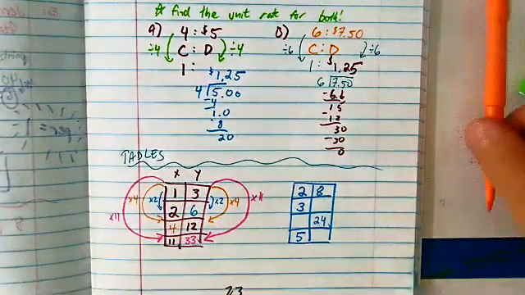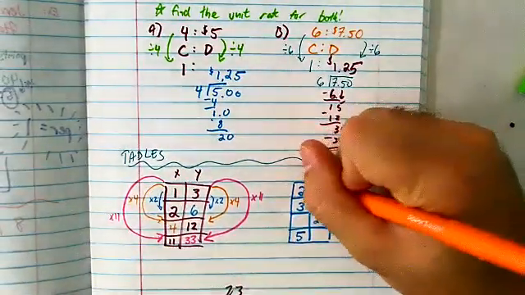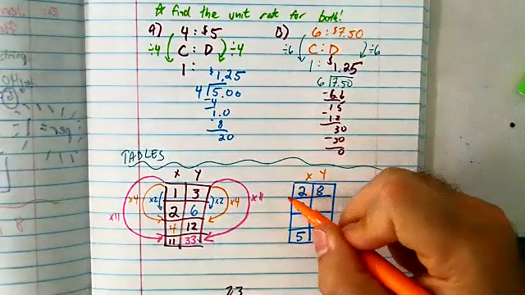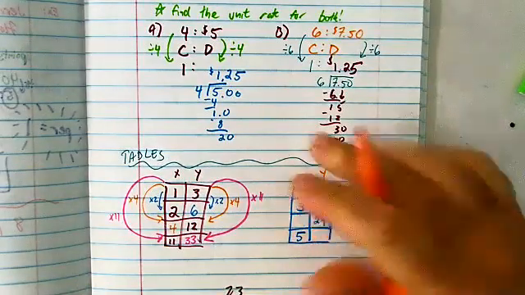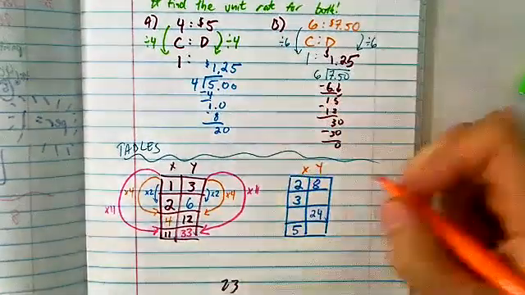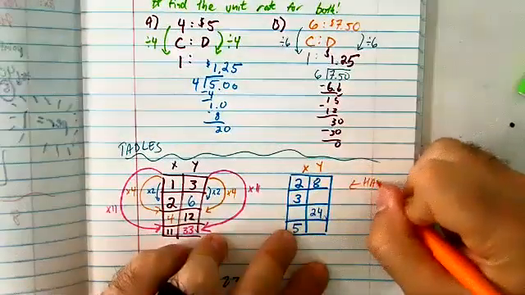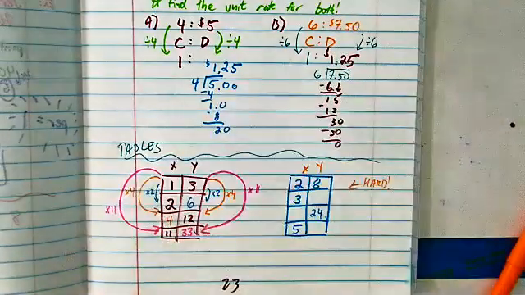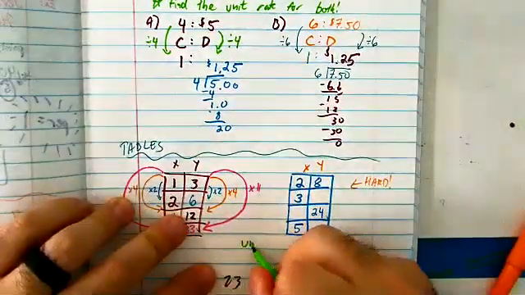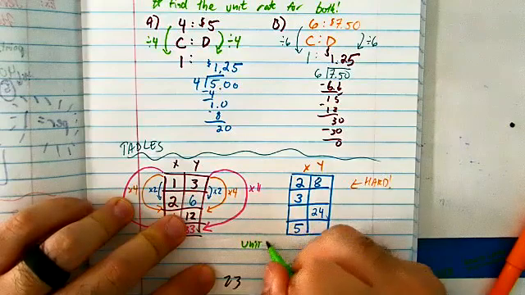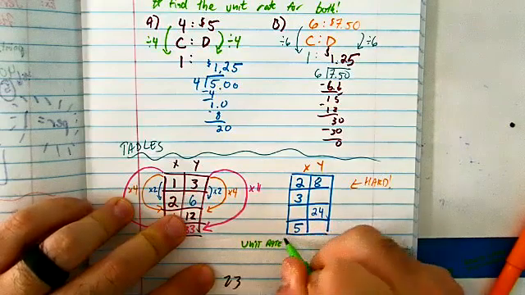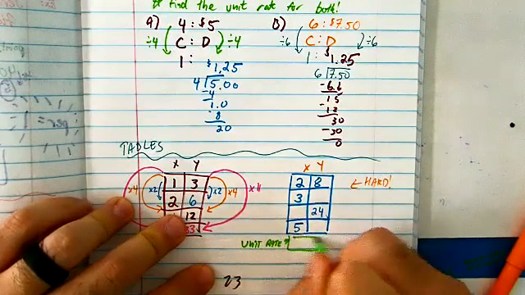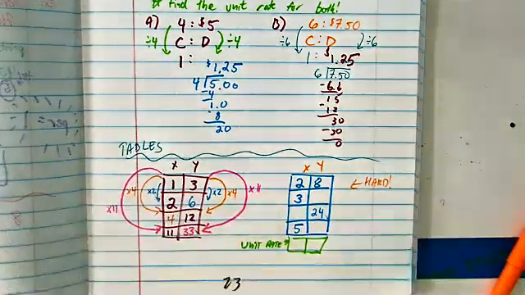These are the harder ones because there's no quick way to get directly from 2 to 3. That's what makes this really hard. So how we kind of work around that, we're going to find the unit rate. And just pop it down here. Create a new section of our table and find the unit rate.